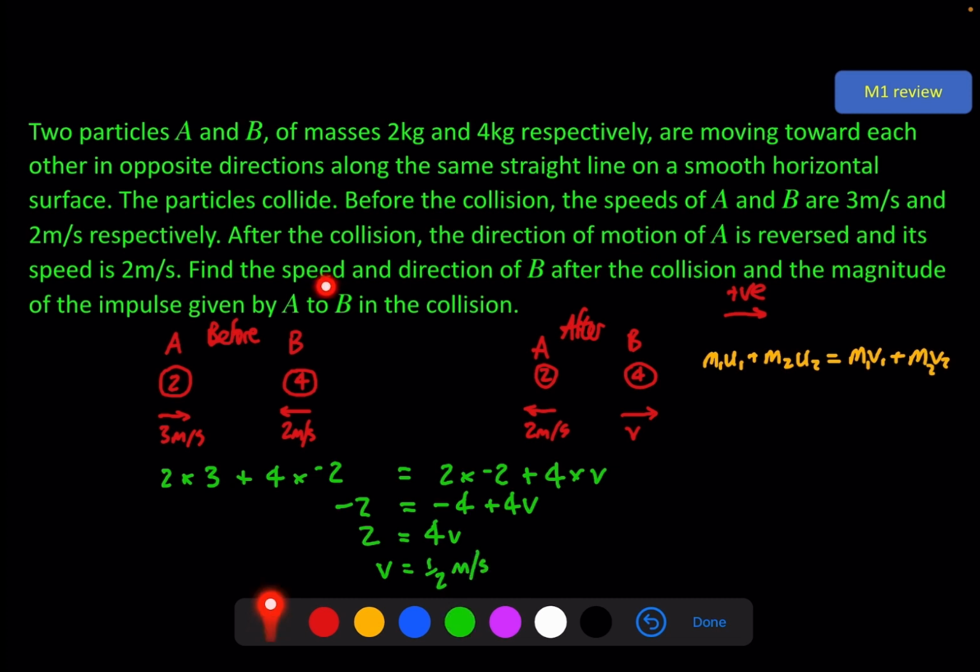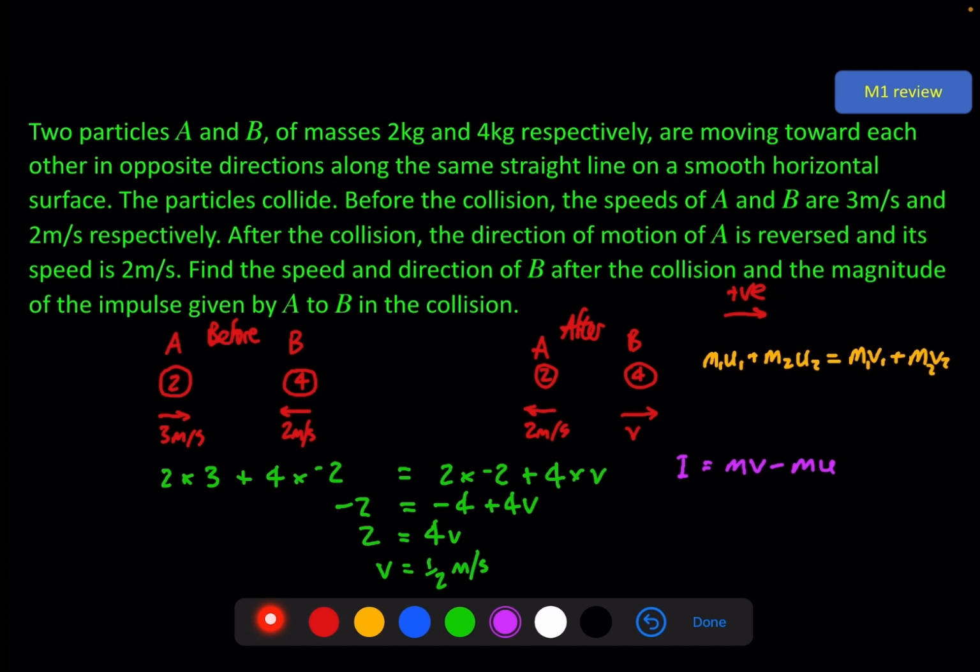The speed of B is 1/2 after the collision, and the direction of B has been reversed after the collision. The magnitude of the impulse, then, remembering the impulse equation from M1, was impulse equals change in momentum.